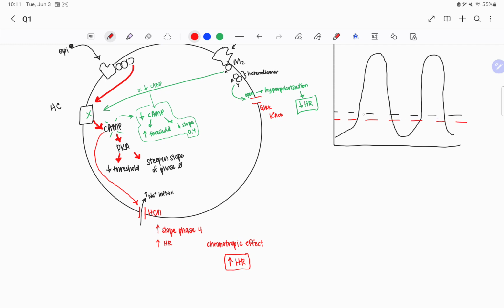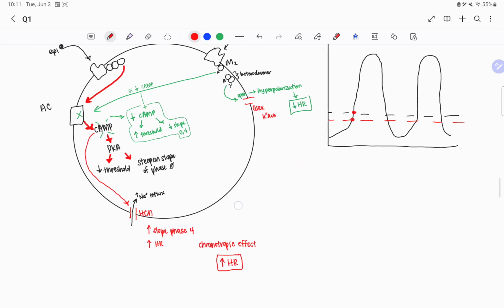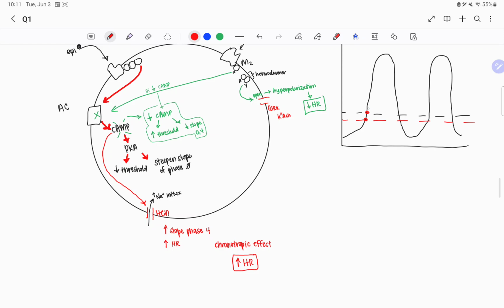So if it decreases threshold, we're going to have an action potential sooner than we otherwise would, right? That's kind of what happens if we decrease threshold. And then PKA can also steepen the slope of phase 0. So instead of it being kind of like that, it could be straighter. So again, faster.